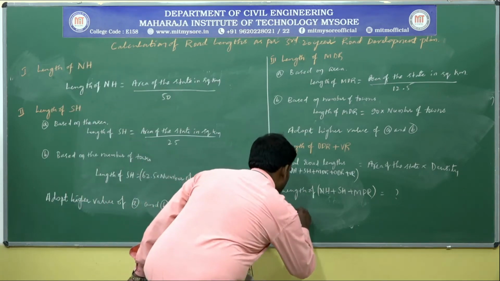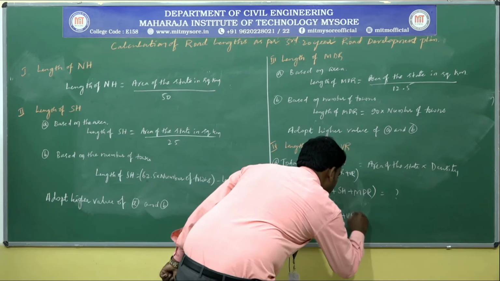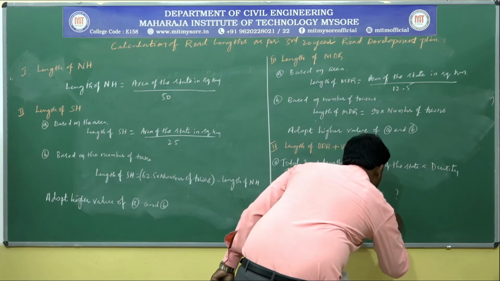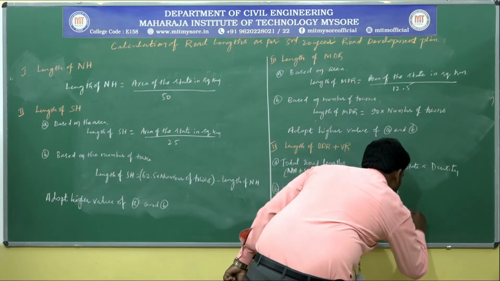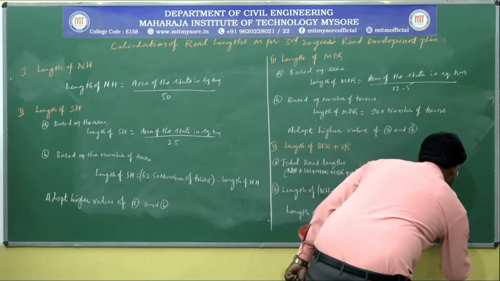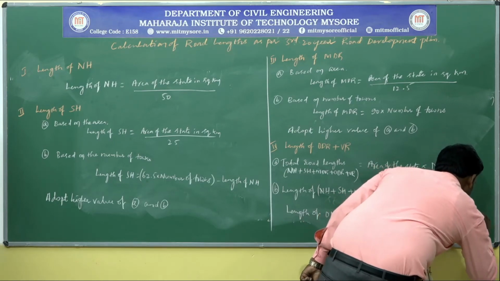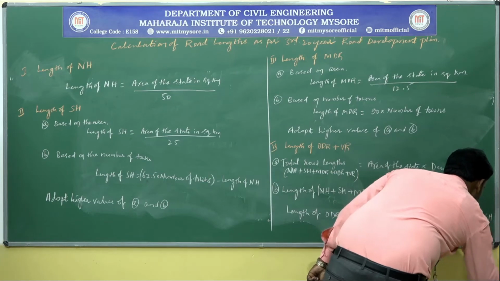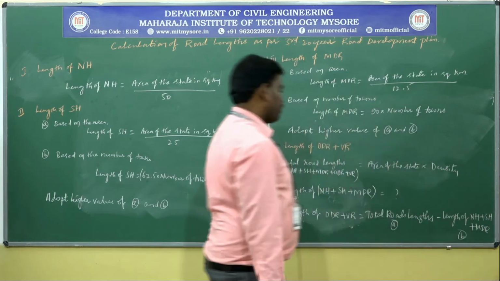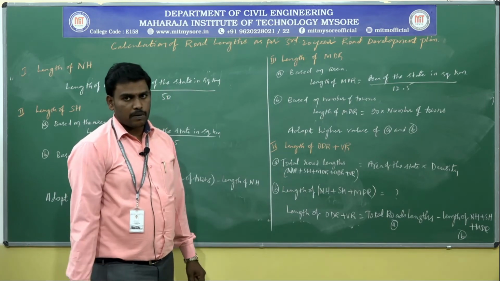So length of ODR plus VR is equal to total road length, that is A, minus length of NH plus SH plus MDR, that is B. So A minus B will give the ODR plus VR.